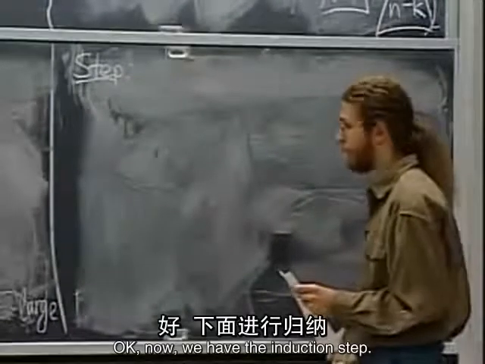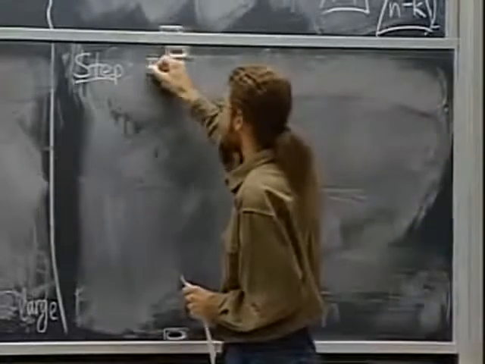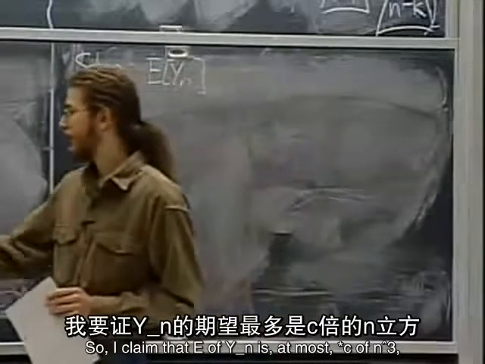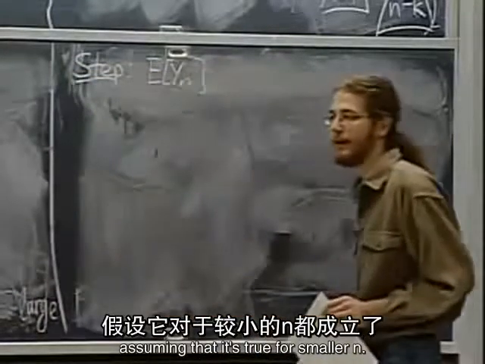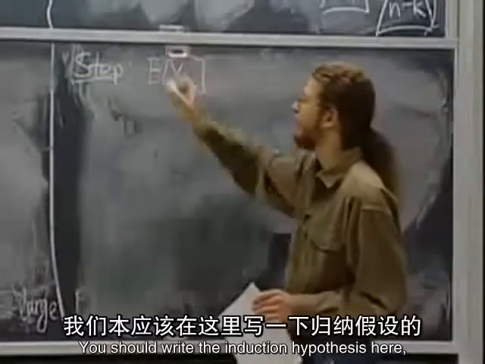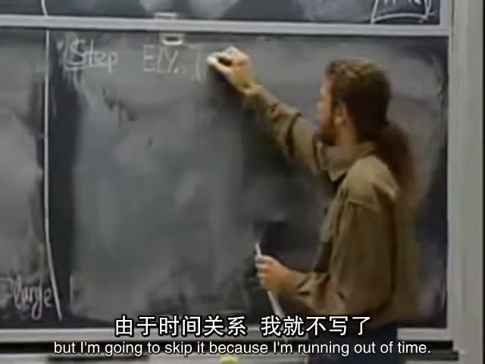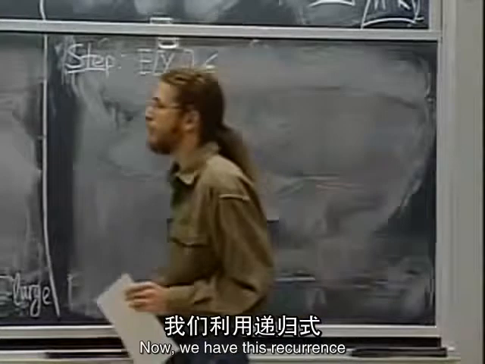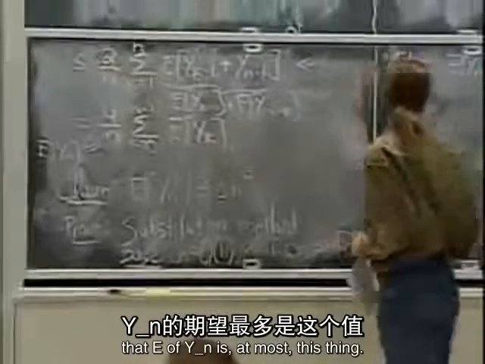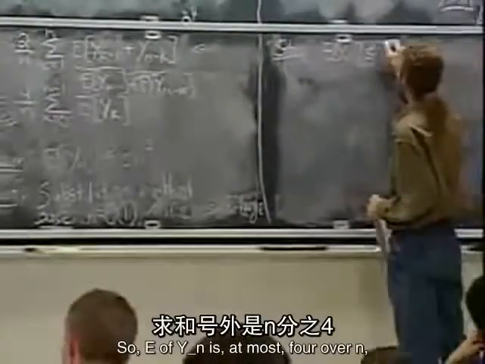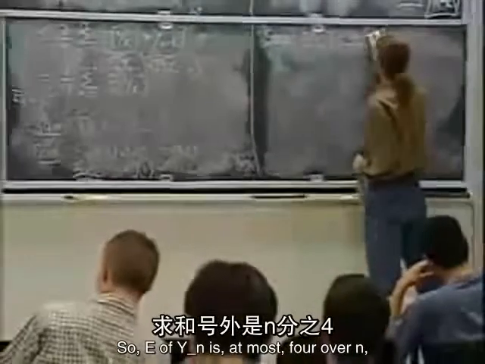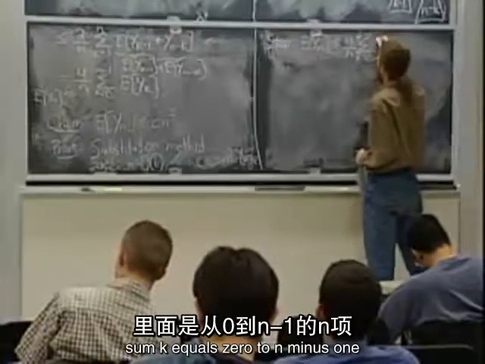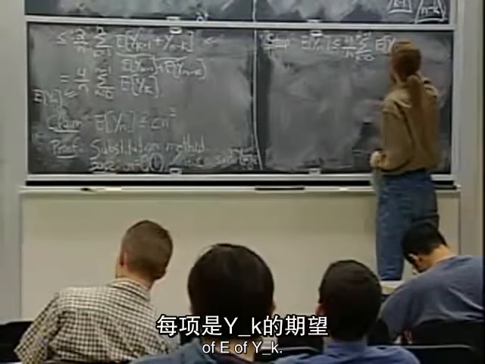Okay, now we have the induction step. So I claim that E of Y_n is at most c times n cubed, assuming that it's true for smaller n. You should write the induction hypothesis here, but I'm going to skip it because I'm running out of time. Now we have this recurrence that E of Y_n is at most 4 over n sum k equals 0 to n minus 1 of E of Y_k.